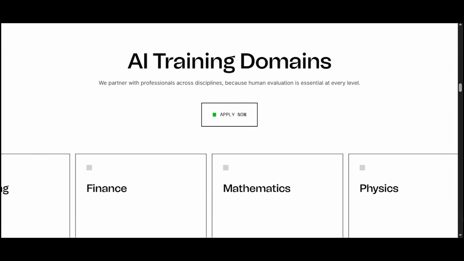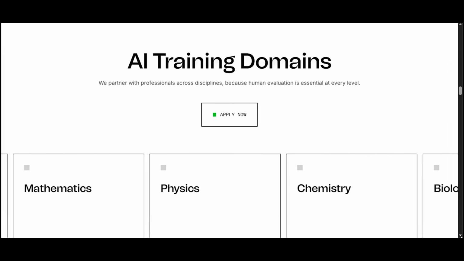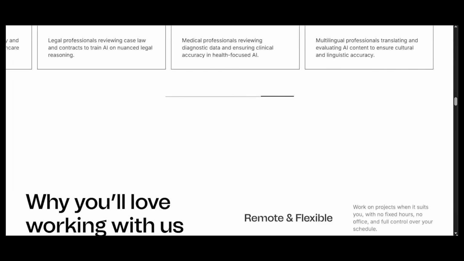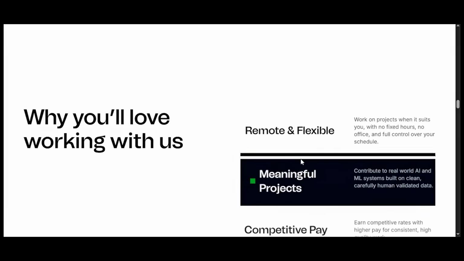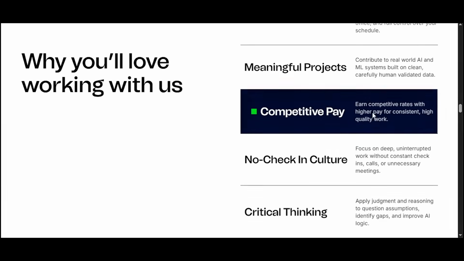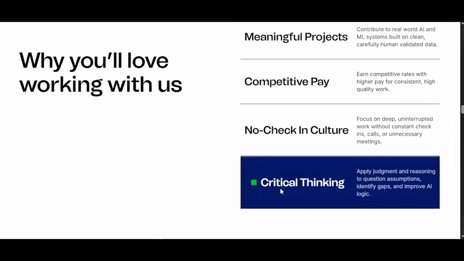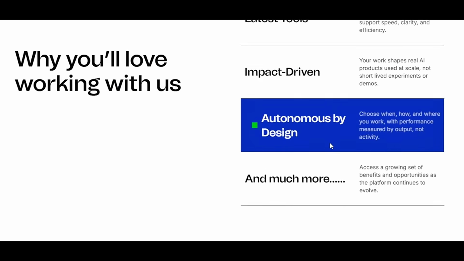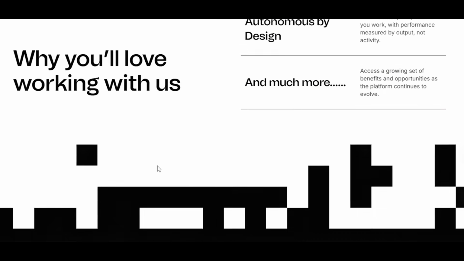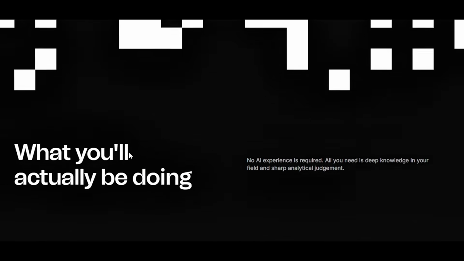In another project, you might receive 2 AI generated answers and be asked which one is more useful. You may need to explain why one response is stronger than the other. Some tasks focus on writing, others focus on reasoning, some involve fact checking, others involve comparing outputs and providing feedback. The goal is to help improve AI quality through thoughtful human evaluation.